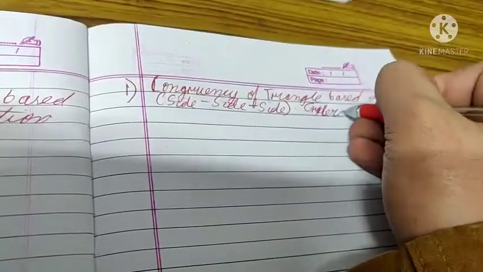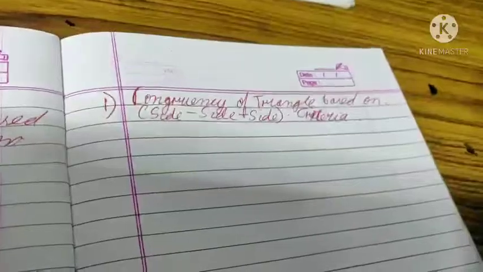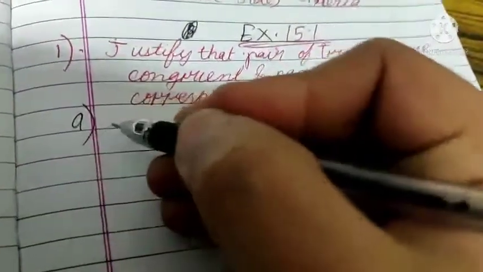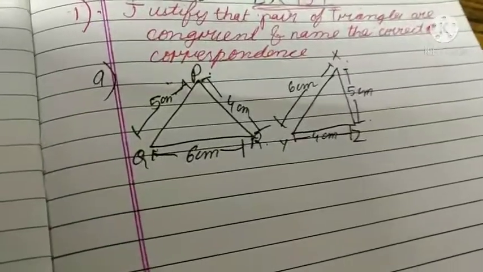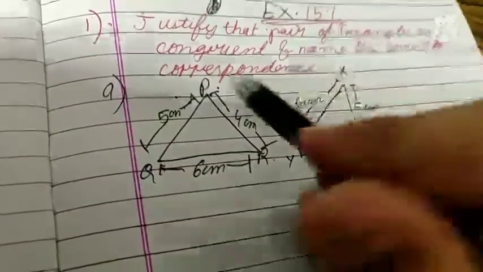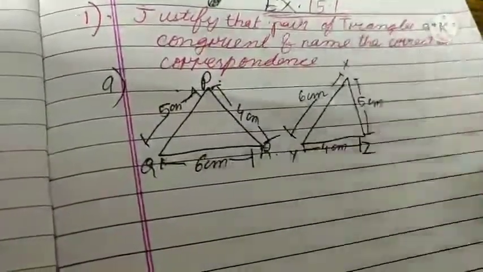Okay, we have to prove two triangles congruent on the basis of side criteria. So this is our question from the first exercise, our first question. Justify or answer that these two triangles are congruent.